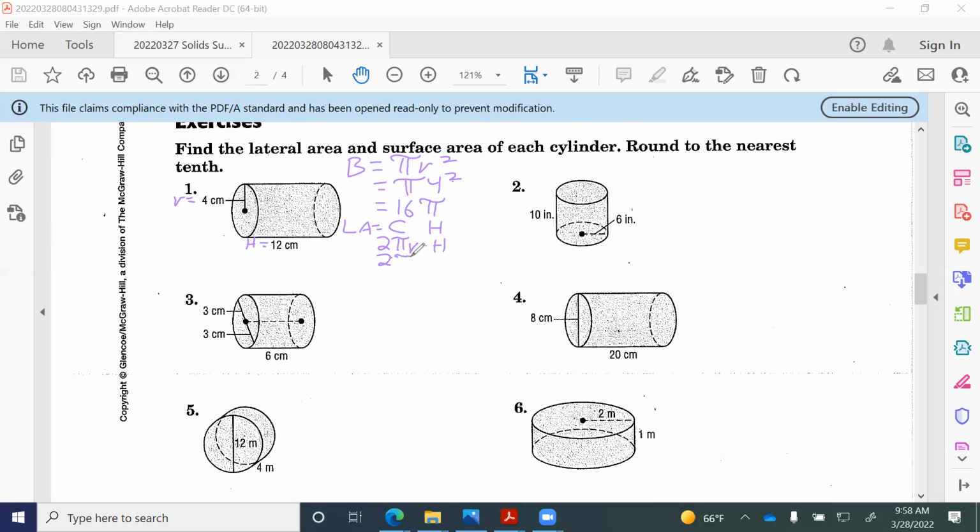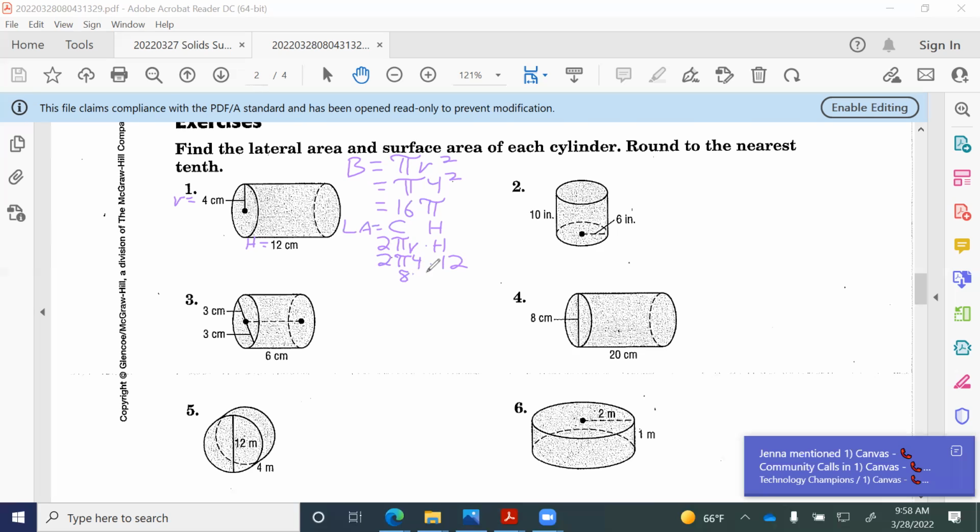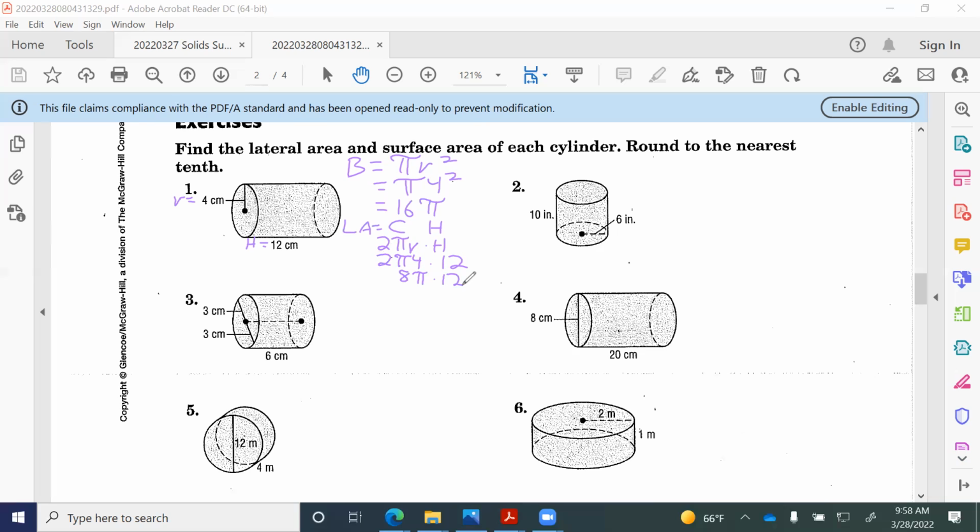And the height we already have is 12. 2 times 4 is 8. So we get 8 pi. So 8 pi is our circumference of that base. 8 times 12. That's going to give us 96 pi. So that's our total lateral area for this shape.